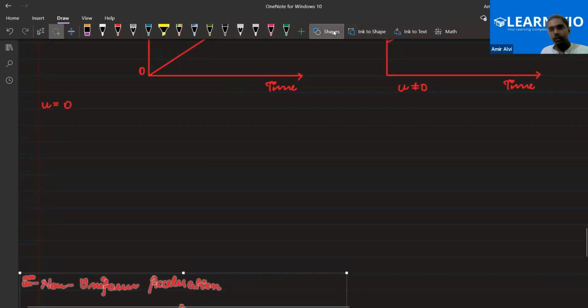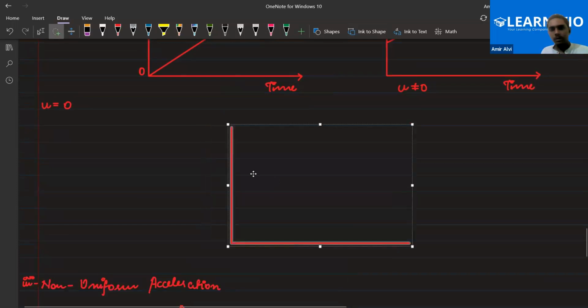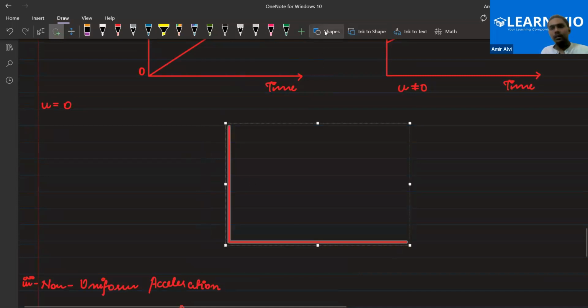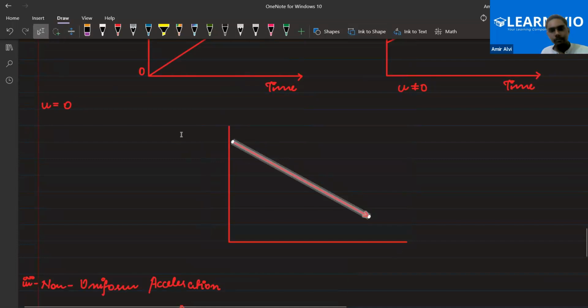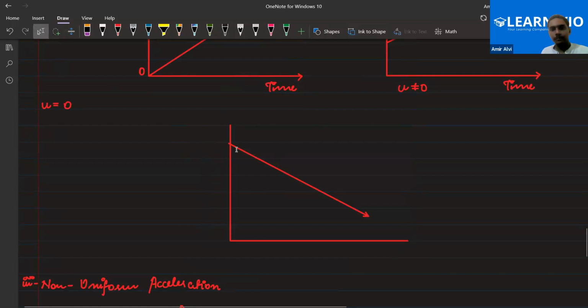Here, let's make one more case. That is, the graph is going in the downward direction.